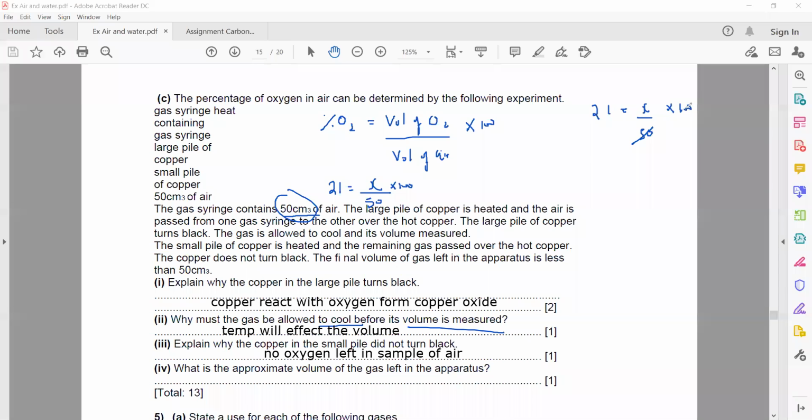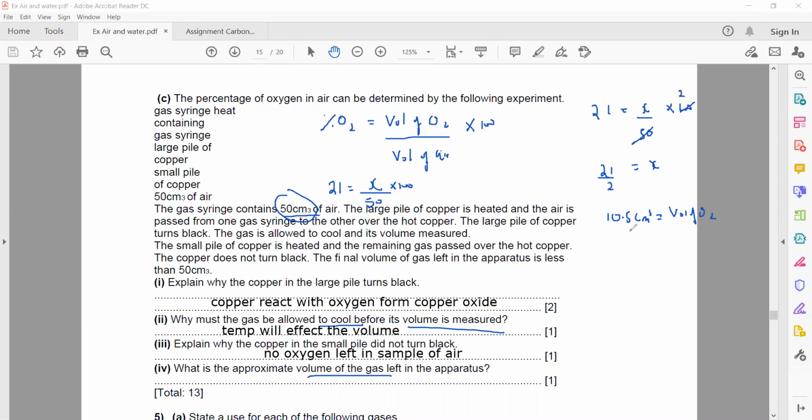So this 50 will cancel with 100, so we're left with 2. The 2 is multiplied on one side, on the other side it will divide, so it will be 21 divided by 2, which will be x. So 21 divided by 2, I get 10.5. So basically 10.5 cm cubed is the volume of oxygen. But in the question, they're not asking the volume of oxygen, they're asking what is the volume of the gas left.